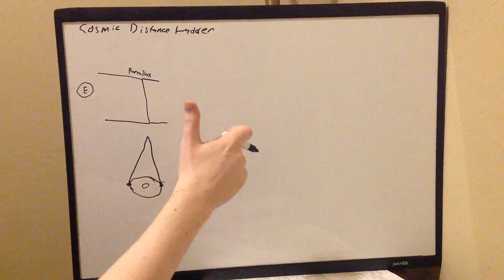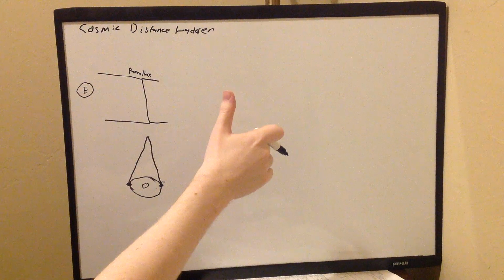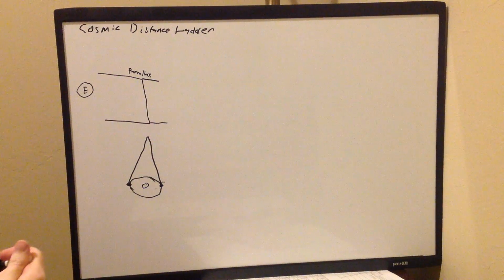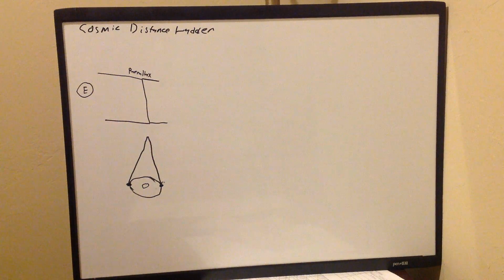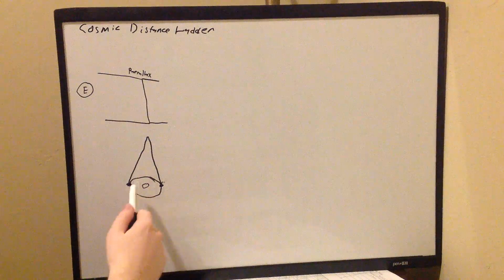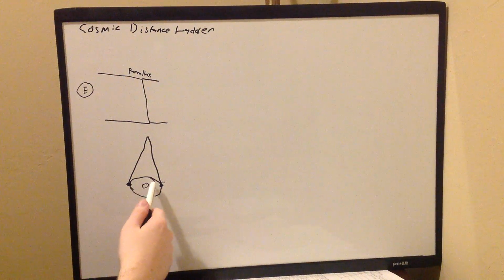Much like how the thumb appears to move when we look at it from the two different angles of our two different eyes, this star will appear to move when we look at it at opposite times of the year.